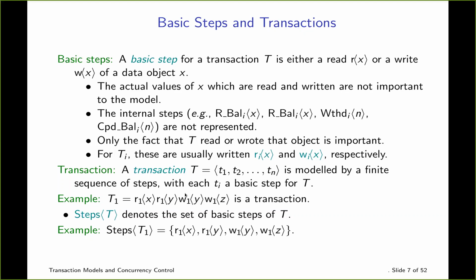These are the operations there. So one potential transaction would be to read X, read Y, and write Z. Z is completely something different, so it's blindly writing Z. It's not even reading Z, it's just blindly writing Z.